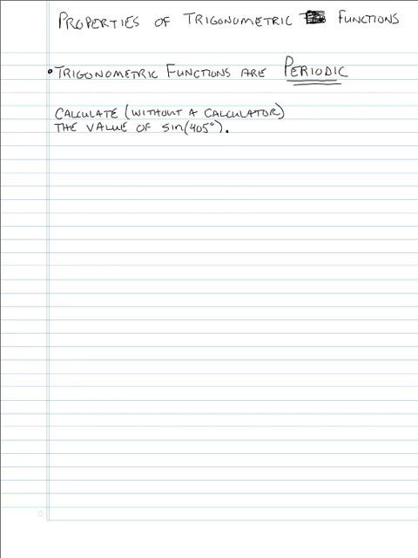We're to calculate, without using a calculator, of course, the value of sine of 405 degrees. So if we were doing this, we would think of a unit circle here. I create a unit circle, and then I stop and think about where 405 degrees is, and I recognize that it's more than 360 degrees. 405 degrees would be 360 degrees plus 45 more, wouldn't it?